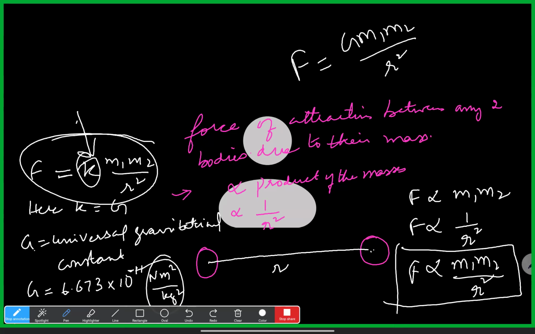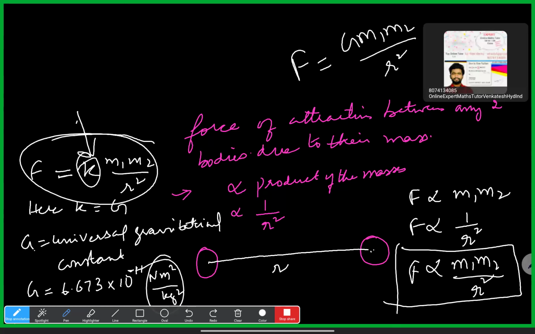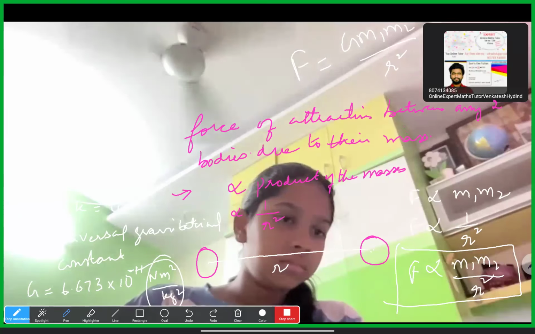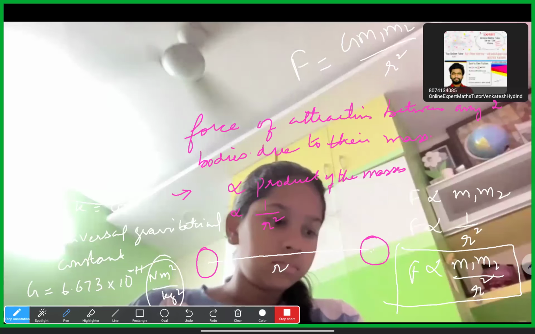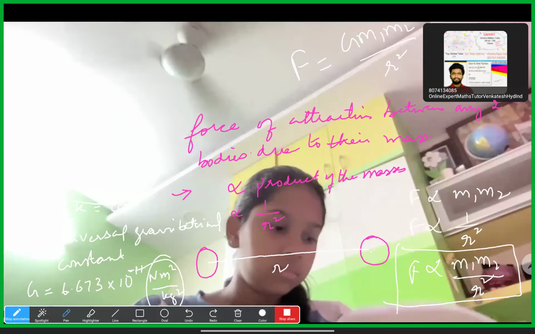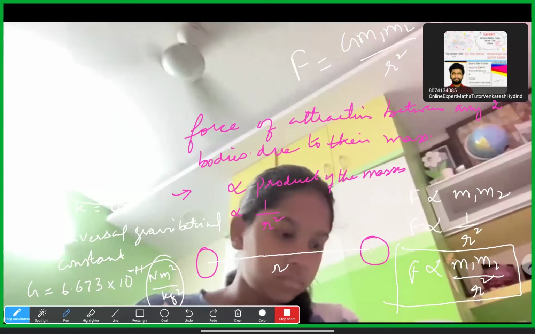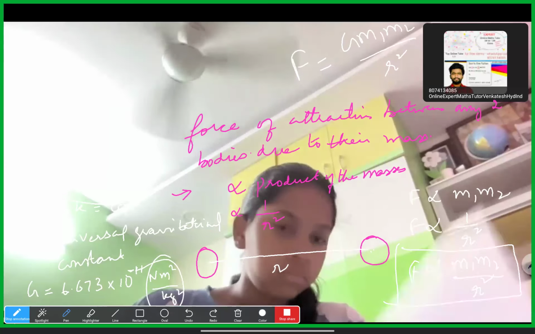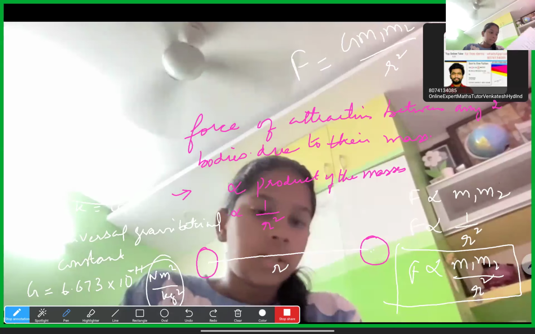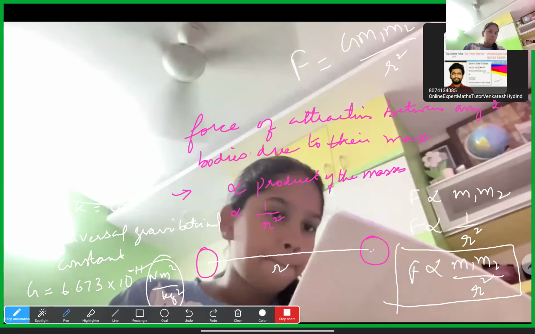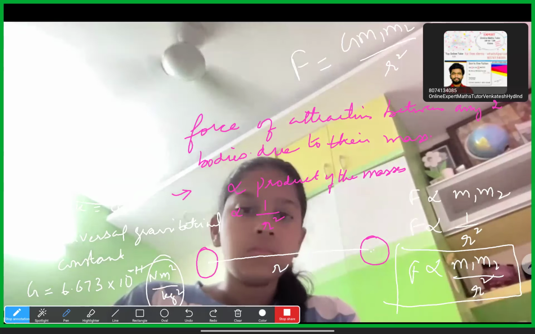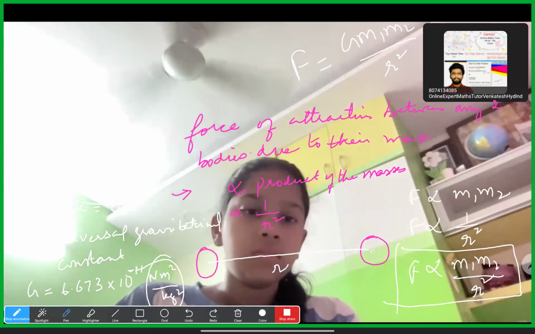And the next property, Pranav, is that the force is equal and opposite on both the objects. Whatever force this body applies on that, the same is applied by the other body. Yes, sir. It follows Newton's third law, which is every action has an equal and opposite reaction.